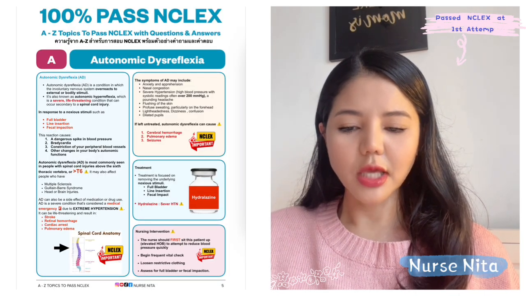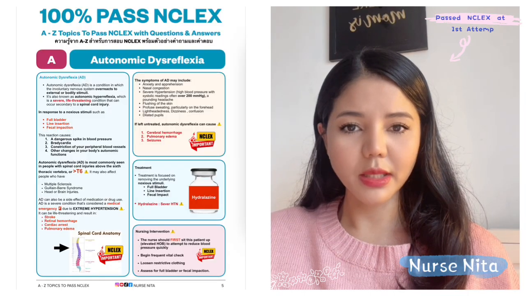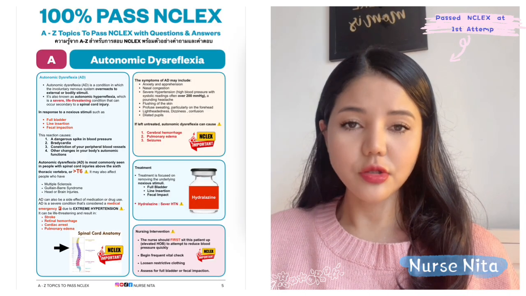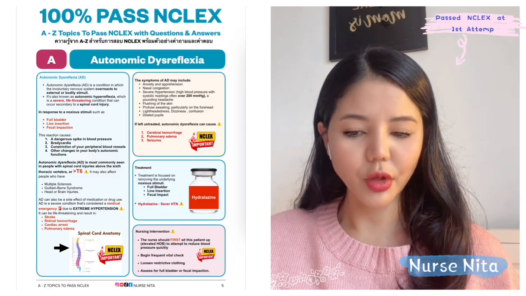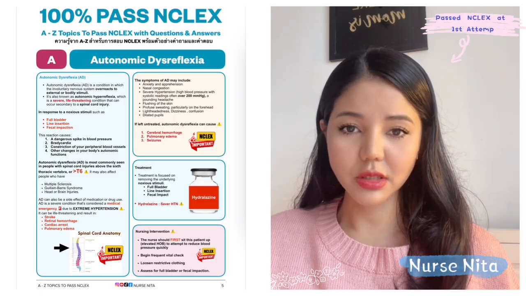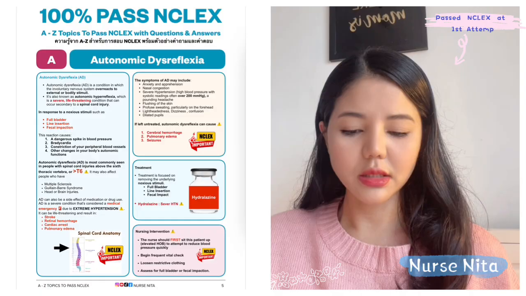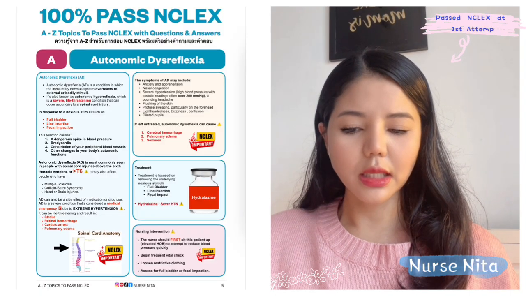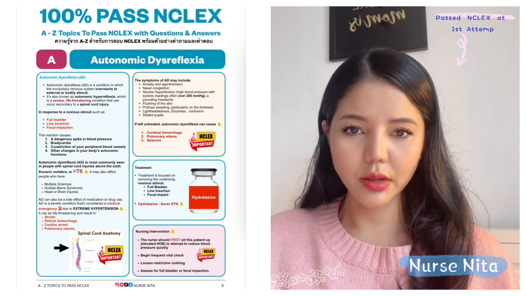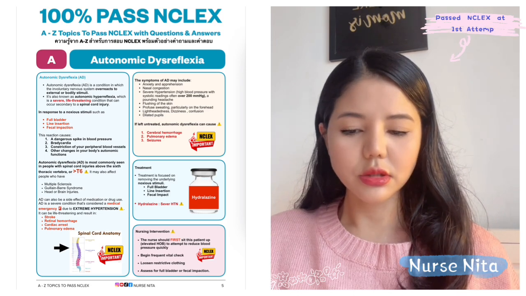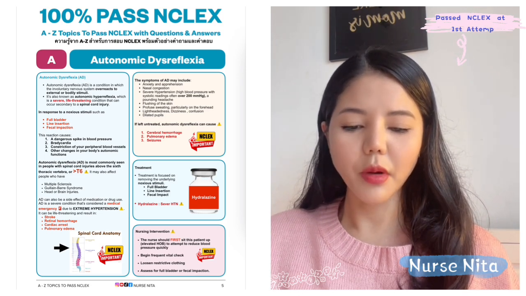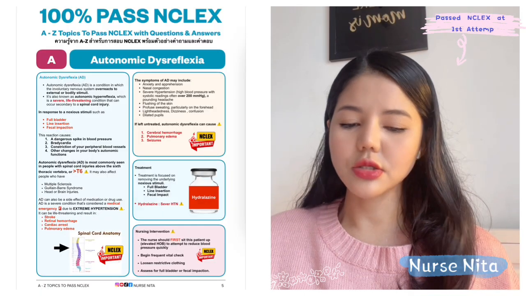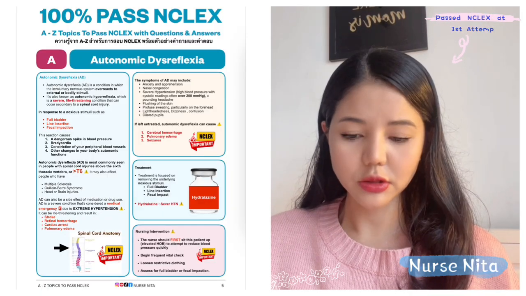This reaction can cause a dangerous spike in blood pressure. It means the blood pressure is extremely high. It can also cause bradycardia, constriction of the peripheral blood vessels, and other changes in your body's autonomic function.